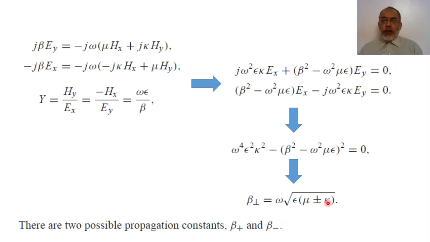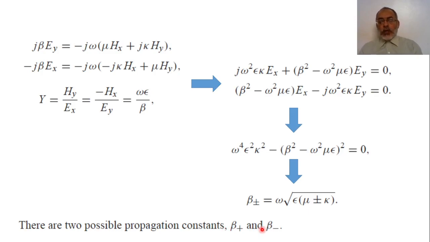This means that we have two different propagation constants for different modes inside the ferrite medium, which accept propagating of plane wave inside the ferrite medium in the direction of the biasing magnetic field. So there are two possible propagation constants, beta plus and beta minus, for the plane wave in this case.